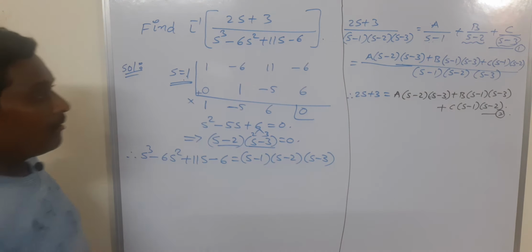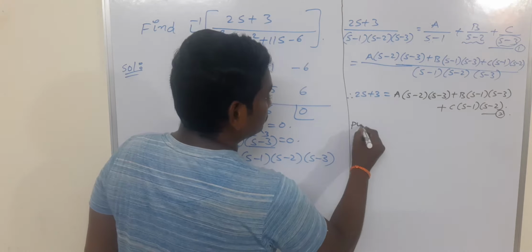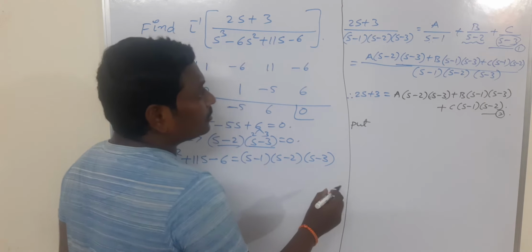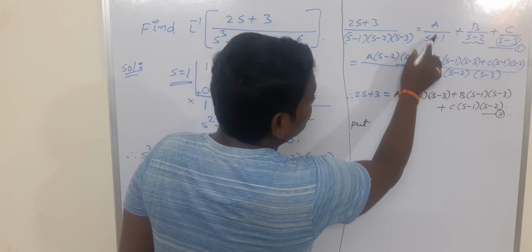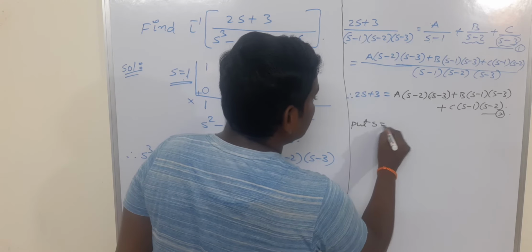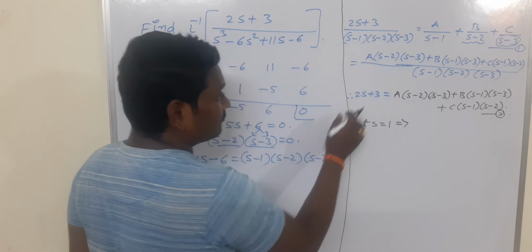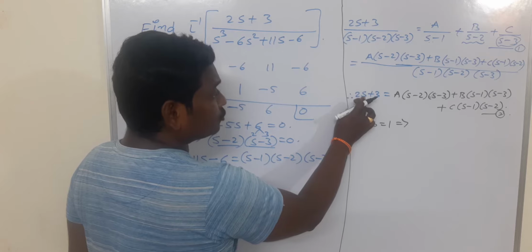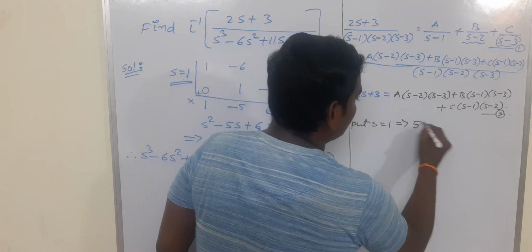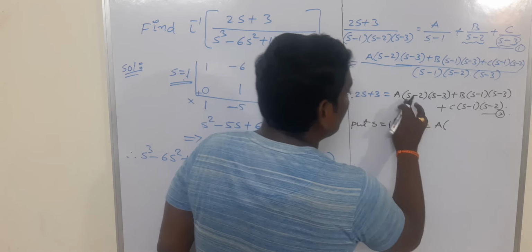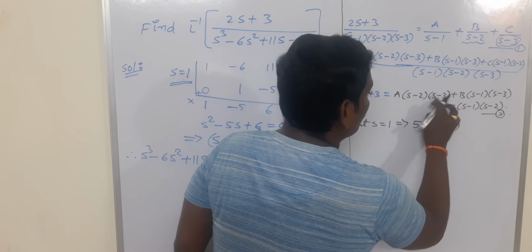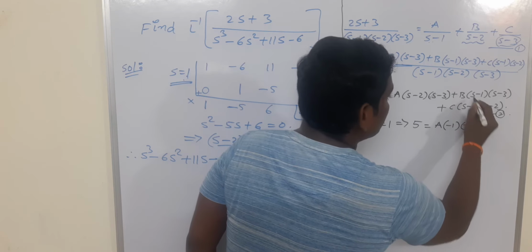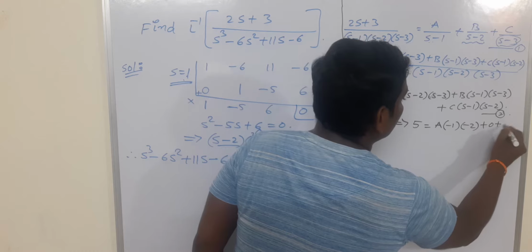Okay, now for a value, you should look at the denominator of a, which is s minus 1, its root is s is equal to 1. Put s is equal to 1, you will get 2 ones are 2, 2 plus 3 is 5 is equal to a of 1 minus 2 minus 1, 1 minus 3 minus 2, these two terms automatically becomes 0.